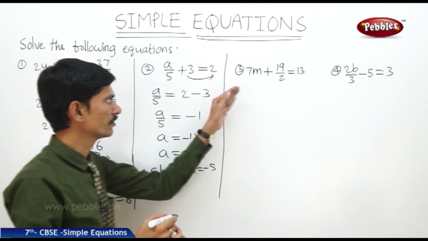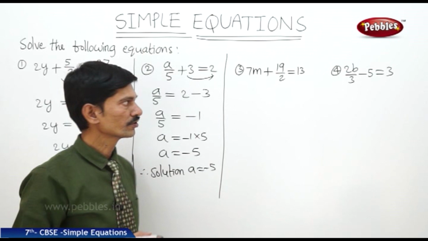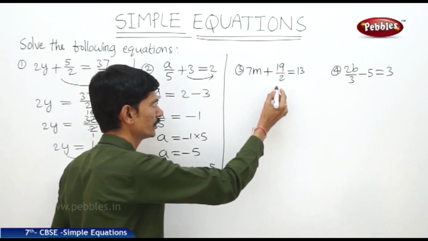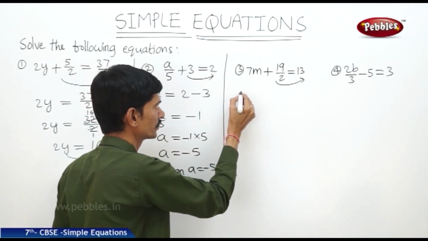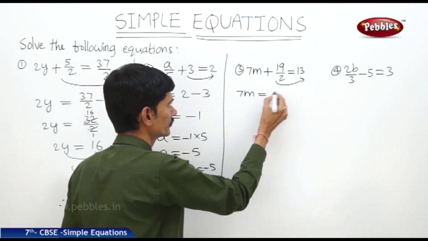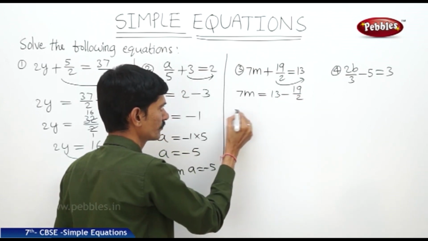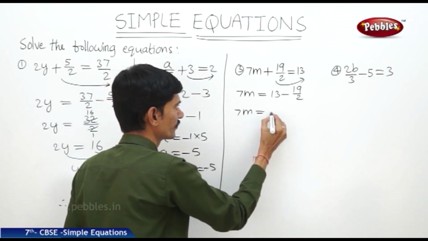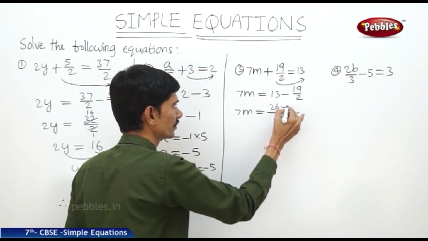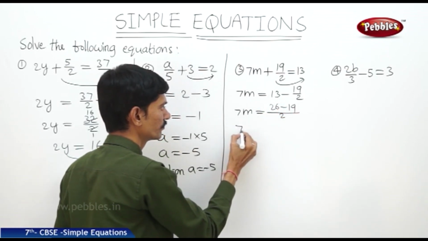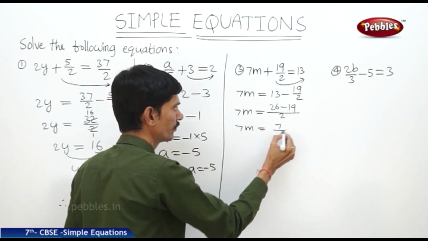Now let us take the third equation. 7m plus 19 by 2 equals 13. When we transpose 19 by 2 to the RHS, it becomes minus 19 by 2. Then we get 7m equals 13 minus 19 by 2. So then 7m equals, the LCM is 2, and 2 13s are 26 minus 19. So 7m equals 26 minus 19, which is 7, divided by 2.